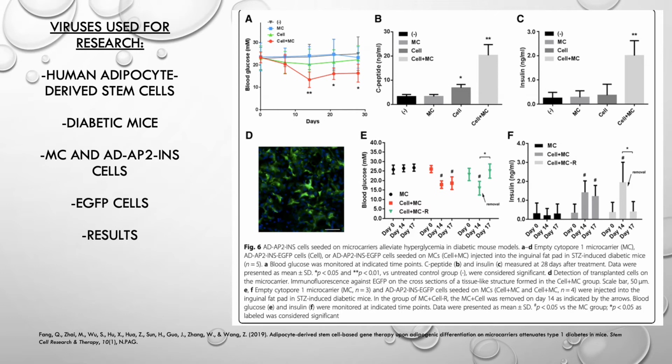They took the MC and cell, and the MC and cell with the, they just took them out of the mice. I don't know how, they didn't really say. When they did that on day 14, they were monitored through day 17. The results indicated that transplanted functional cells on microcarriers could contribute to long-term relief of diabetic hyperglycemia.